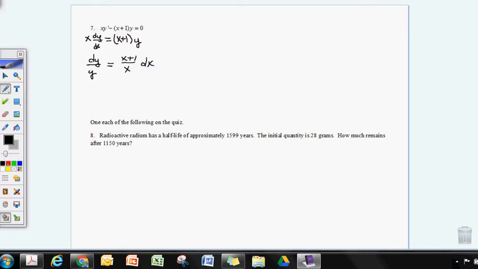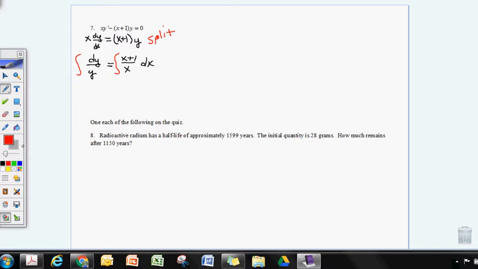Okay, so we've divided it. We are going to integrate it. Left side's easy. It's a dy over y. That's a du over u. We can work that one out. This one here is a fraction. So with that fraction, the first thing I ask myself is, can I split it? And my answer is yes, I can split this.